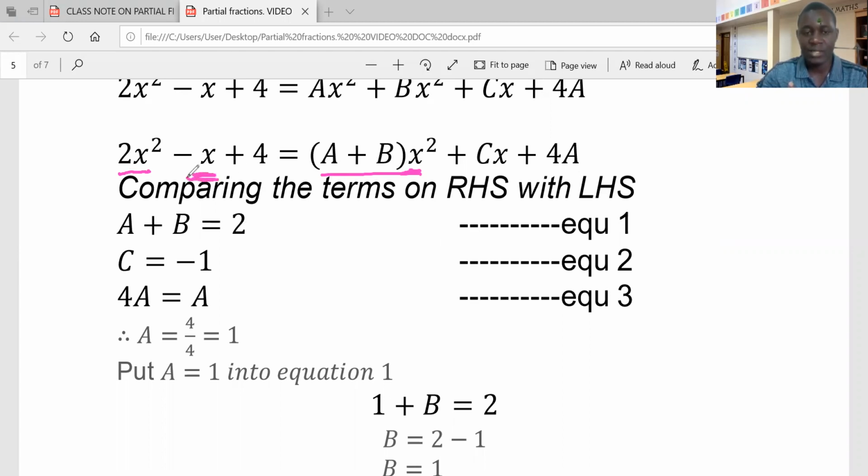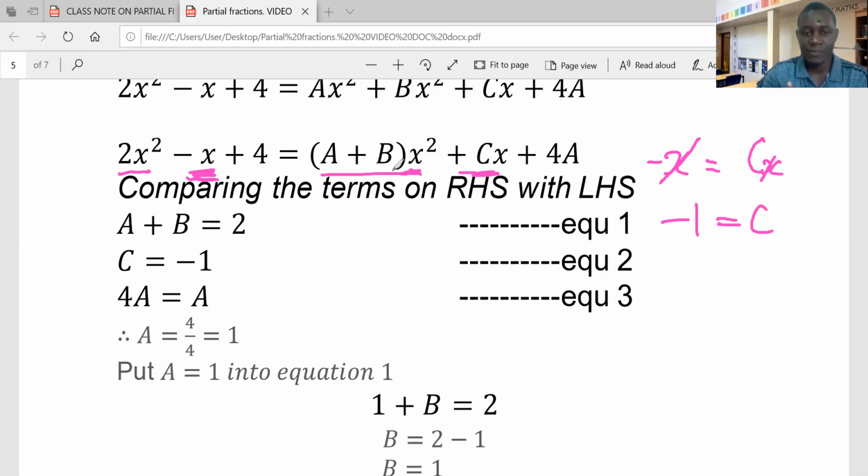The x term here is minus x, and the x term here is cx. So the minus 1 is what matches c. Or you can decide to write minus x is equal to cx. Then of course the x cancels on both sides so that we have minus 1 equal to c. That's another way you can do that.